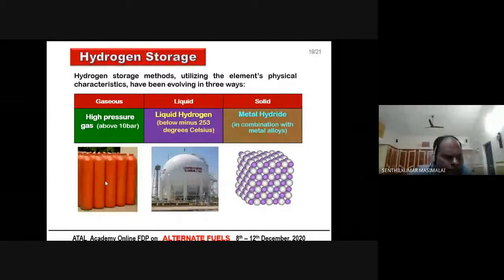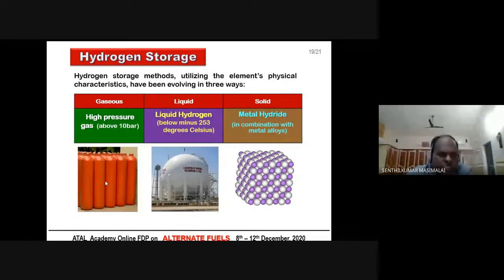But nowadays people are doing research on storing hydrogen in composite-walled, lightweight containers. They have successfully developed such storage containers with composite material.